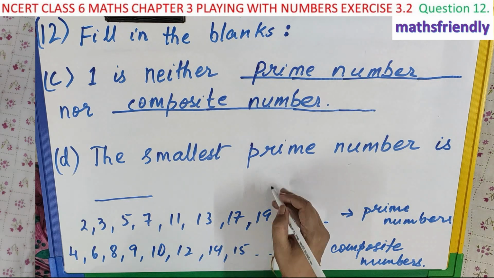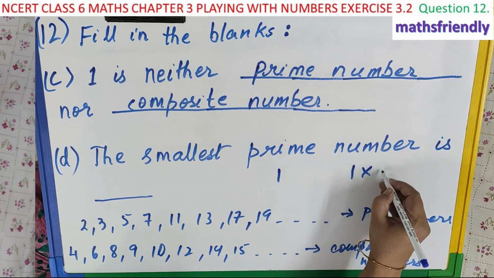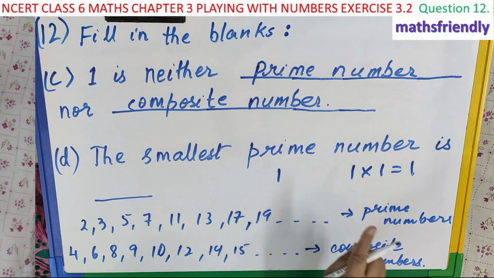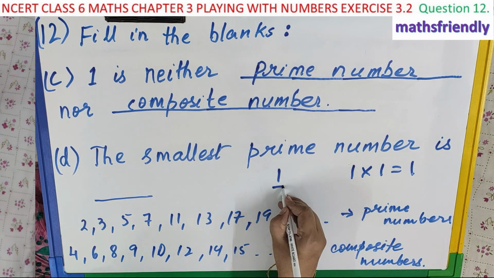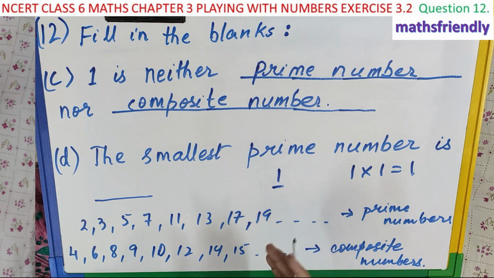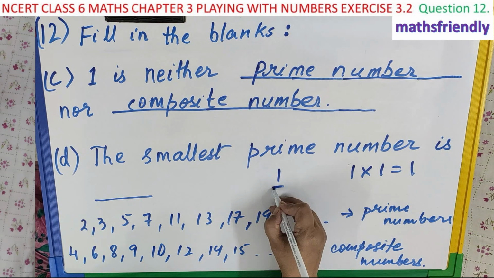But 1 is a number which only comes in 1's table. 1 1's are 1. It means 1 comes in only 1's table. It does not come in the table of 2 numbers. It does not come in the table of 3 numbers. Okay, it only comes in the table of 1 number, which is 1.